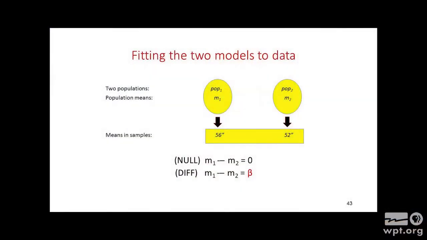What that means is that you replace the adjustable parameters in a model with estimates of their value. So diff says that beta is m1 minus m2. What's the best estimate of the value of beta given your observation that in the samples you got 56 inches in one sample, 52 inches in the other sample?